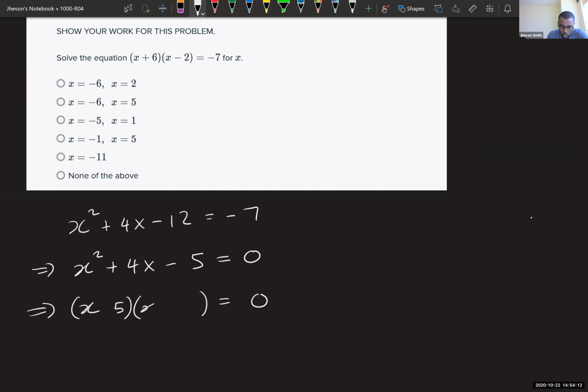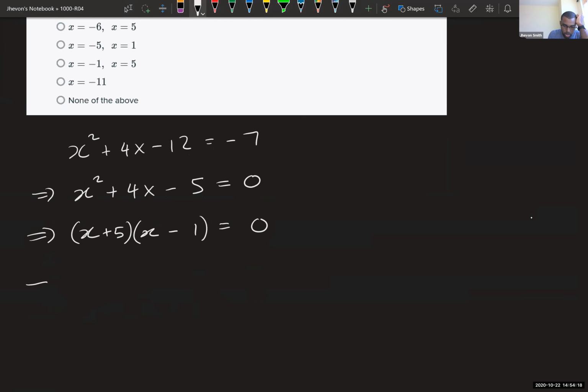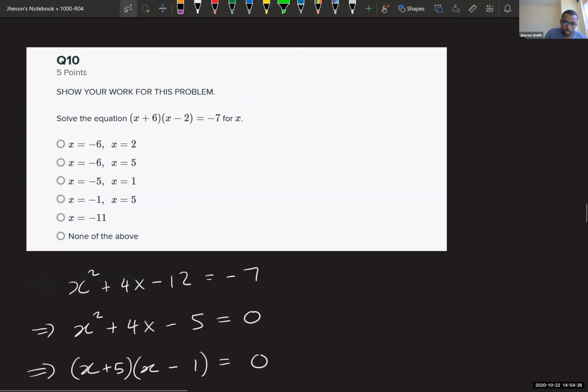It has to be a 5 and a 1 to get to the 5. But if I make it a plus 5 and a minus 1, that would work to get me a middle term of plus 4. So this means my x is minus 5 or my x is 1. So there we go.